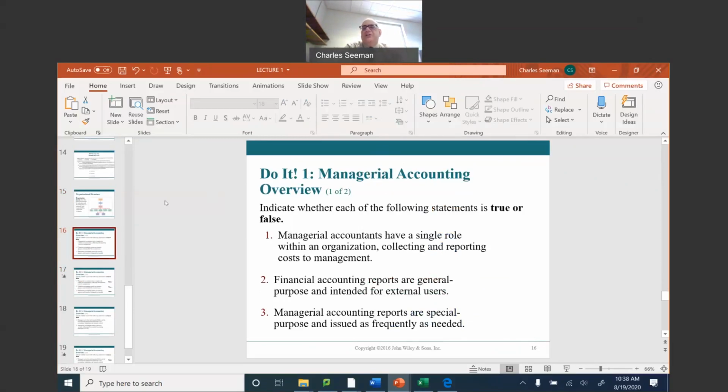Indicate whether each of the following statements is true or false. Managerial accountants have a single role within an organization, collecting and reporting cost to management. Is that a true statement or a false statement? Think about it.